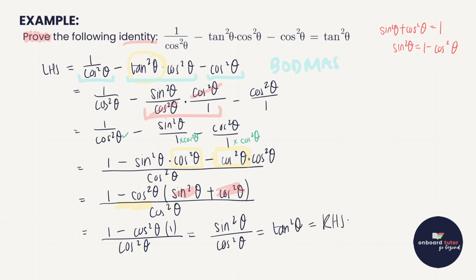Okay, just to show you what would have happened if you had used another method here in this step. So once we had simplified, we would have taken from this step here 1 over cos squared theta.